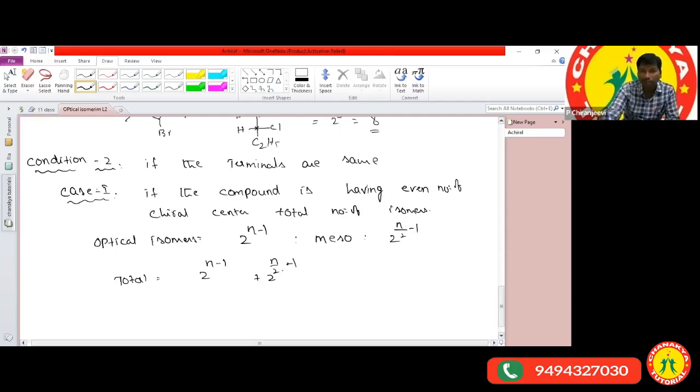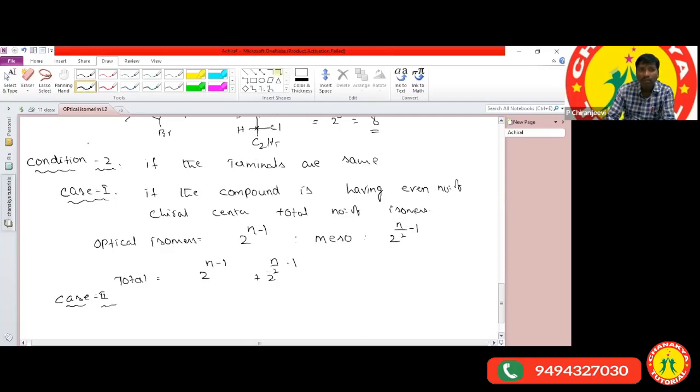Okay, and case 2. What is meant by case 2 here?